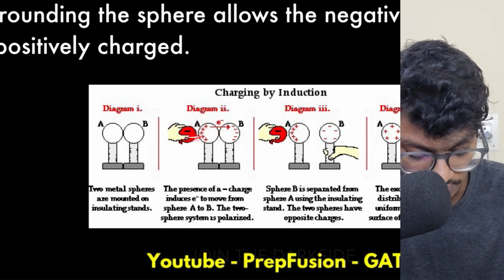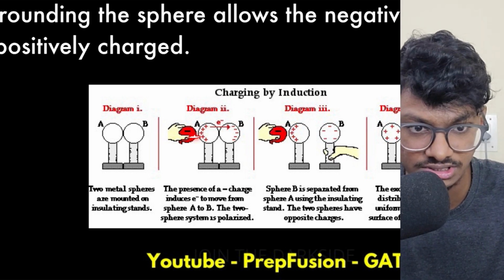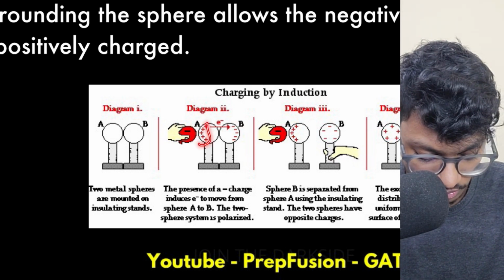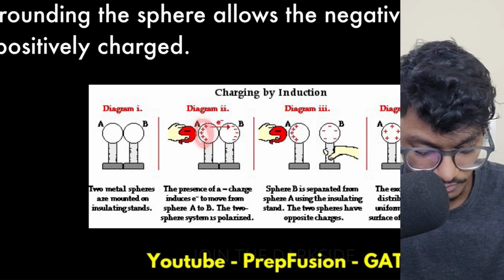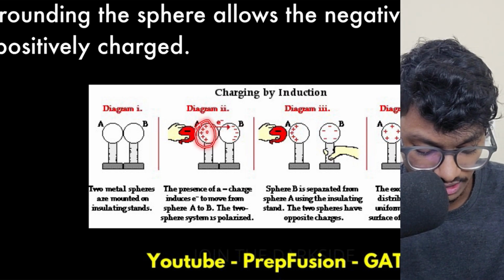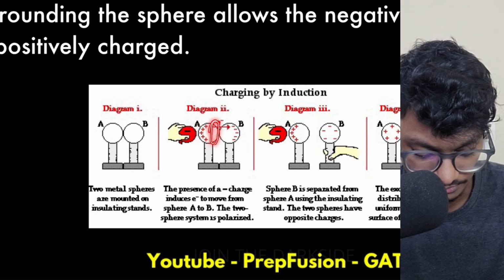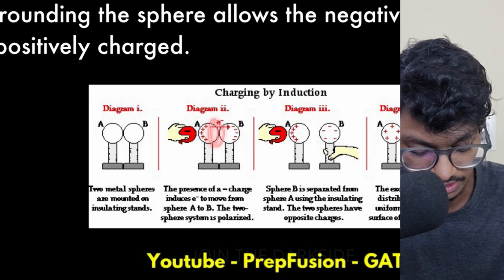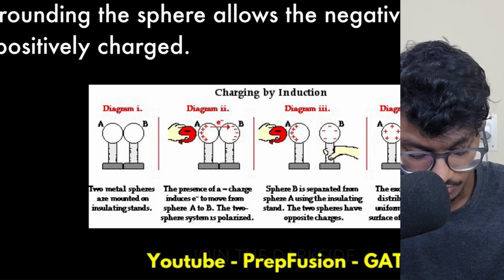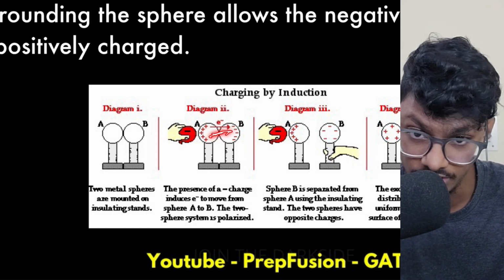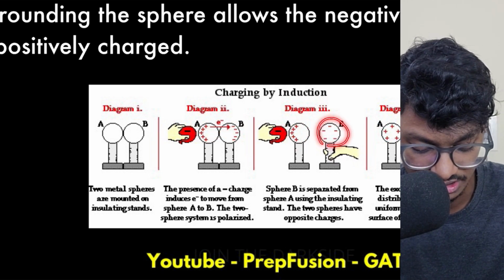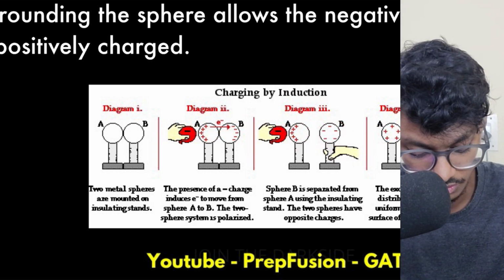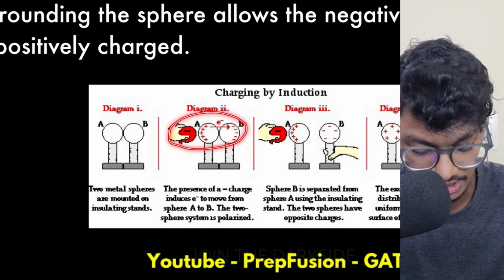Although those cannot flow through the air because there is too much resistance, they will be attracted to one side of the ball. Due to these positive charges, all the negative charges will be attracted here, and will flow here because they are in contact. So this overall ball A will be positively charged and this overall B will be negatively charged due to this induction effect.